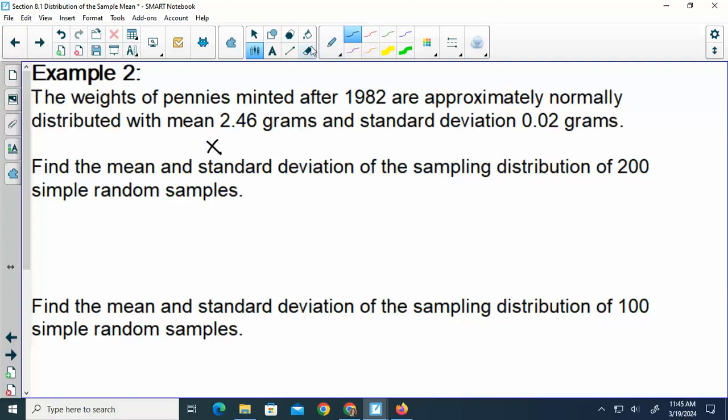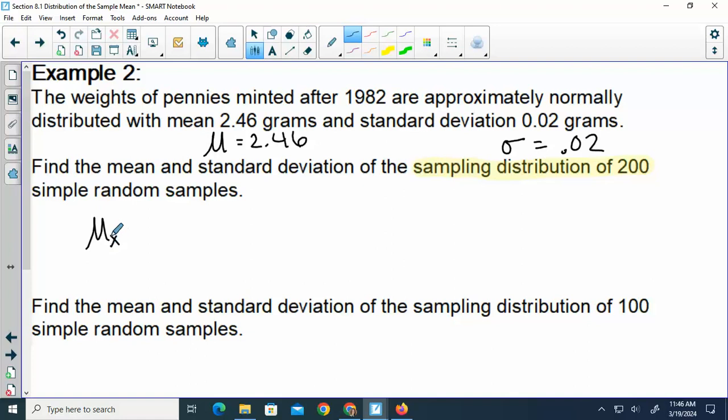So it's saying the mean of all of my data is 2.46, and the standard deviation of all my data is 0.02 for all pennies. Find the mean and standard deviation of the sampling distribution of 200 simple random samples. So if I had 200 samples of pennies, what would my mean and standard deviation be?